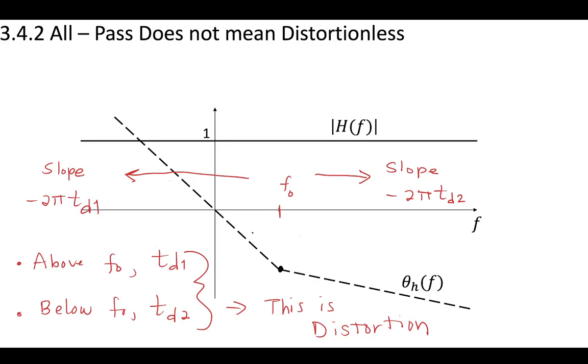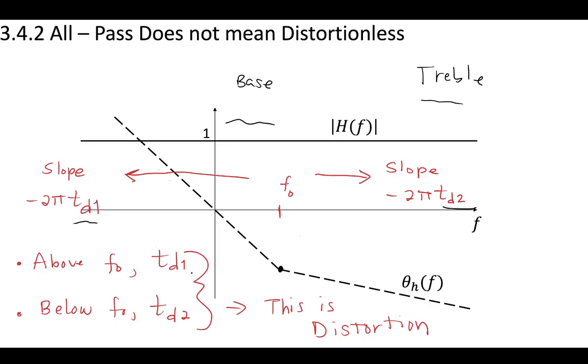What this means in real life is that if you have some bass information, say we're sending a song again, the bass information has one time delay. But then you go up here, and this is your treble information. The treble parts of the song now have some second time delay.